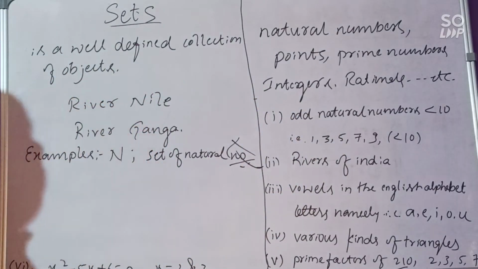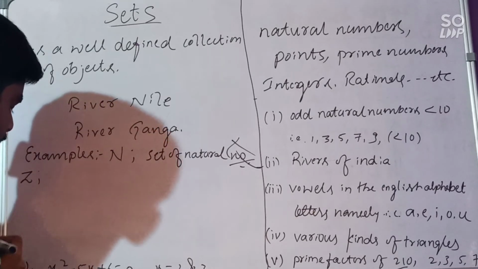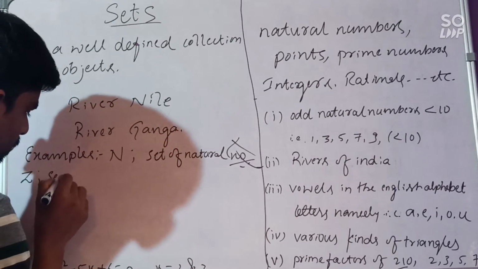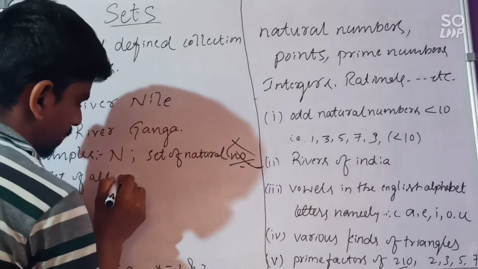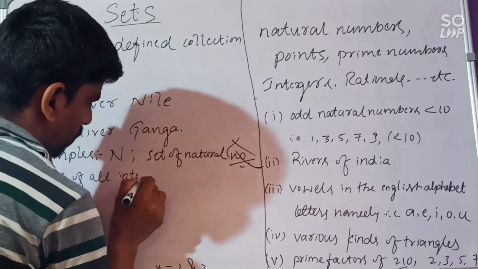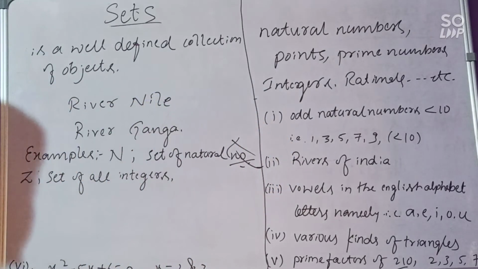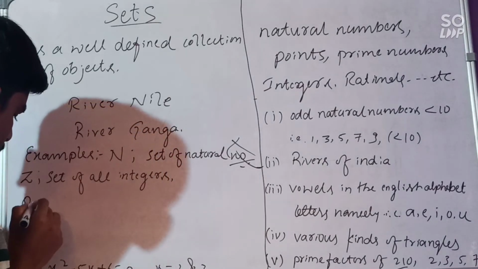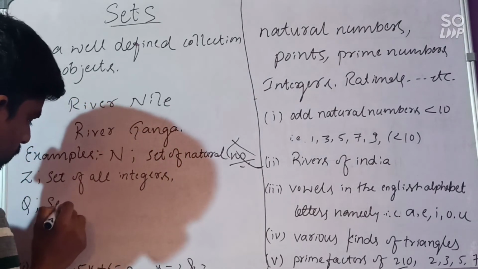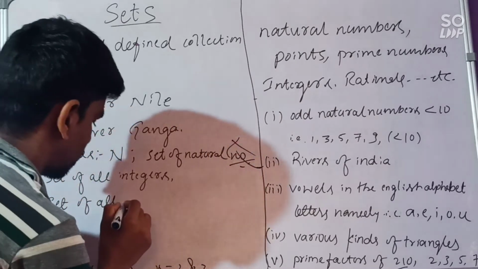Next one, capital Z, set of all integers. Next one, set of all rationals.